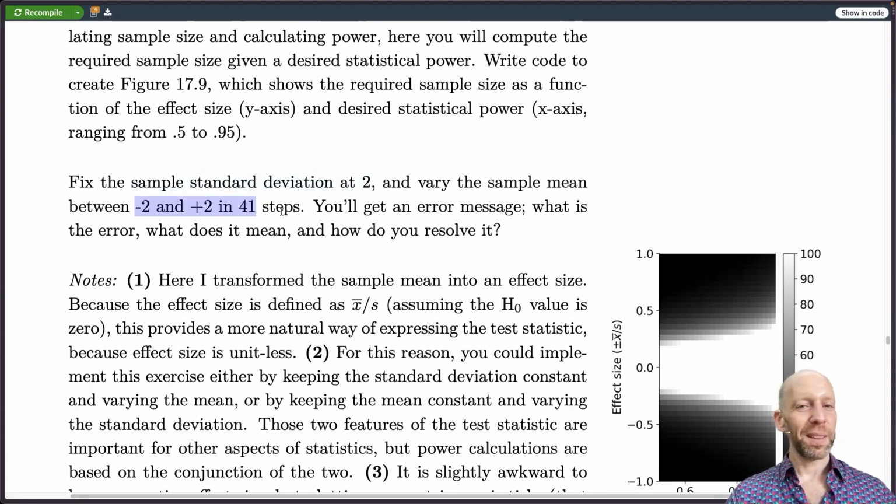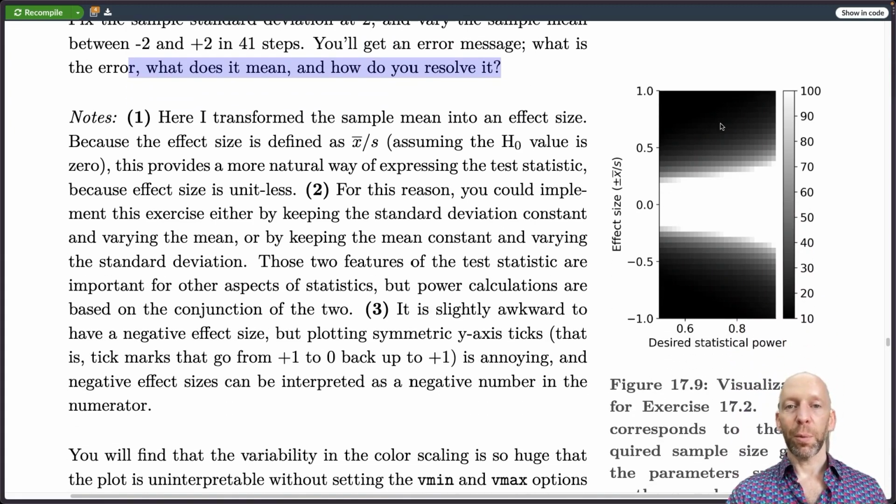So I know I just said it doesn't matter which one you manipulate, but to start with, set it up this way, because when you do this, you're going to get an error message. And it's insightful to see that error message and to understand what that error message means and how we can resolve it. Okay, so there's more to this exercise after this, but I'm going to pause here and switch to Python and show you the code that will get us this far in the exercise.